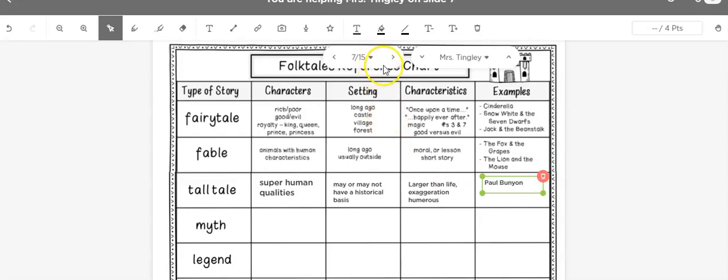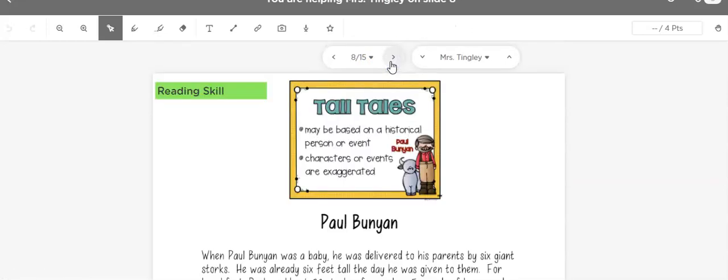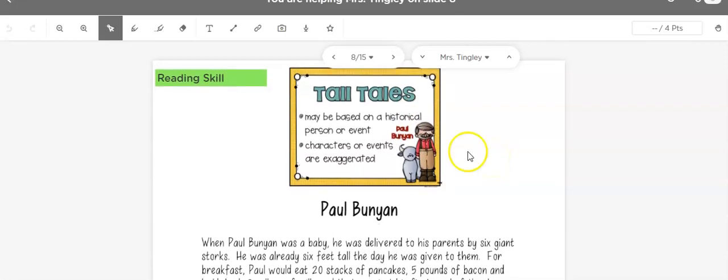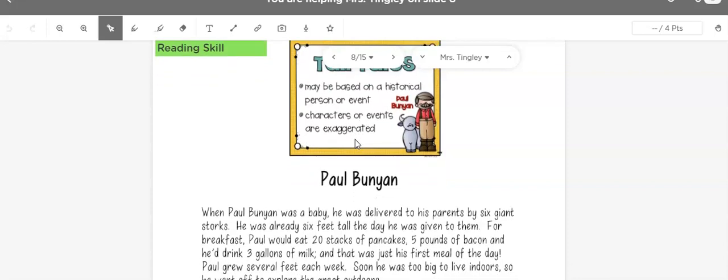Once you have this typed out, let's move on to the next page. You can pause the video now if you need more time. So remember, tall tales can be based on a historical person or event. And Paul Bunyan is a character that was well known in the United States history.